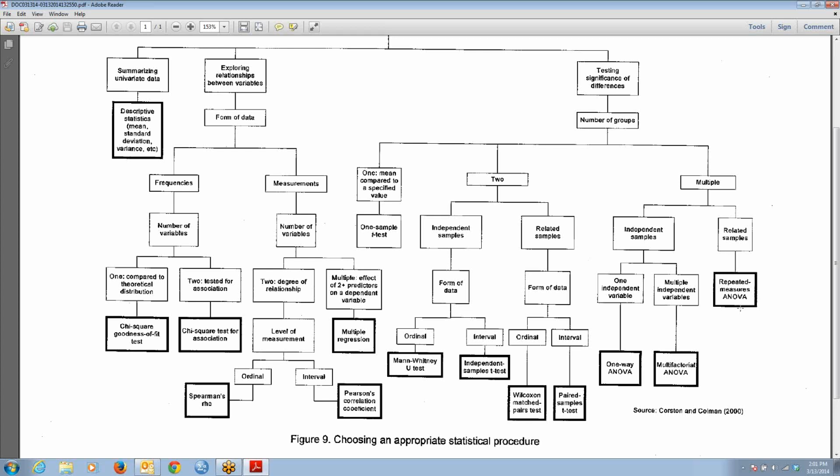And then 6 months later, you ask that same group the same question. Now what you're doing is you're looking at the same group over repeated measures, and you're asking the question, is there a significant change among this group over time?